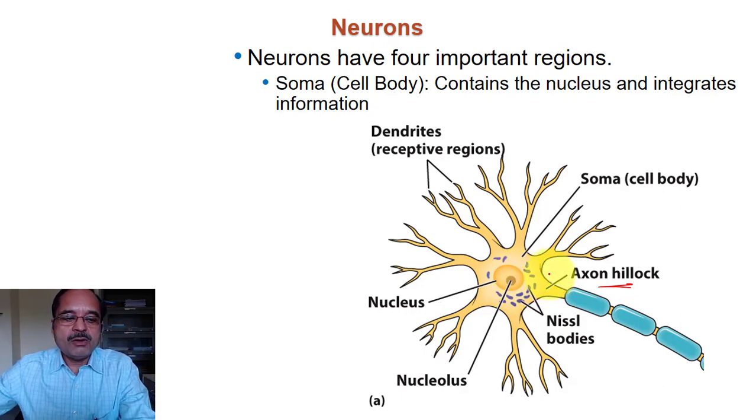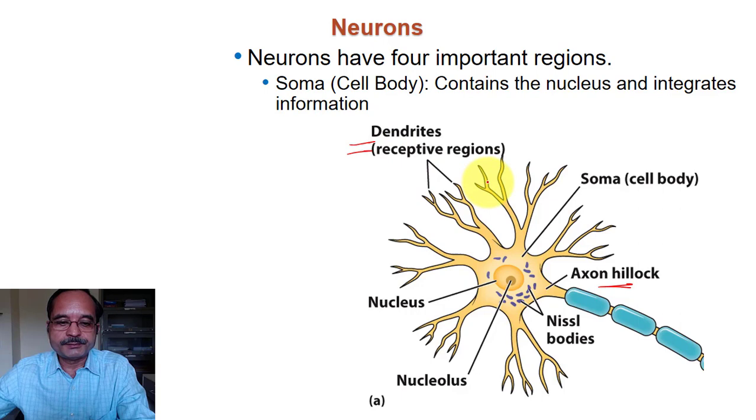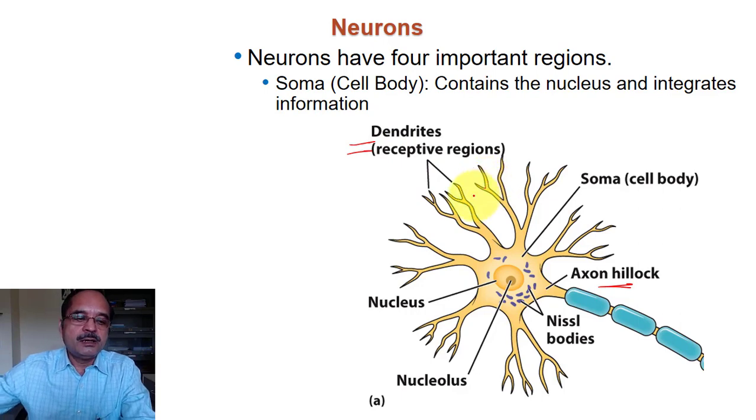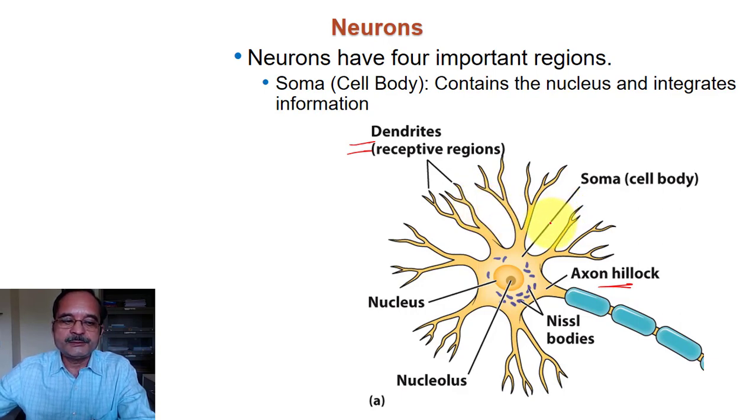Most neurons have multiple dendrites. So as you can see here, most neurons have multiple dendrites which extend outward from the cell body and are specialized to receive chemical signals from the axon terminal of other neurons. Dendrites convert these signals into small impulses and transmit them inward in the direction of the cell body.